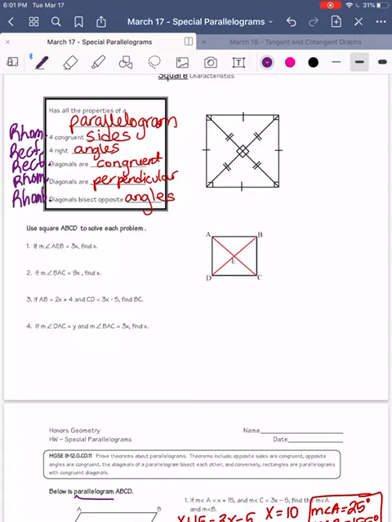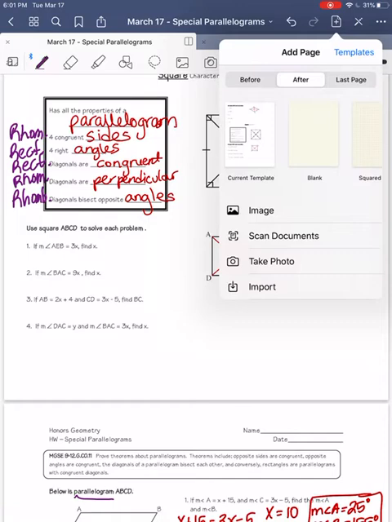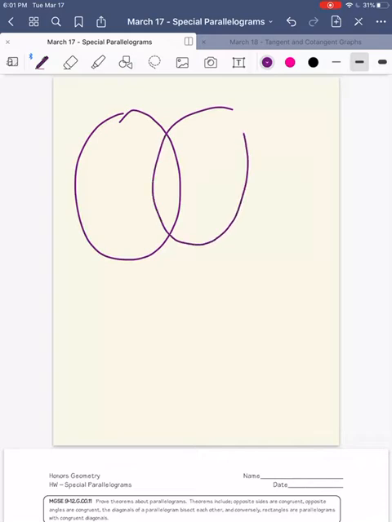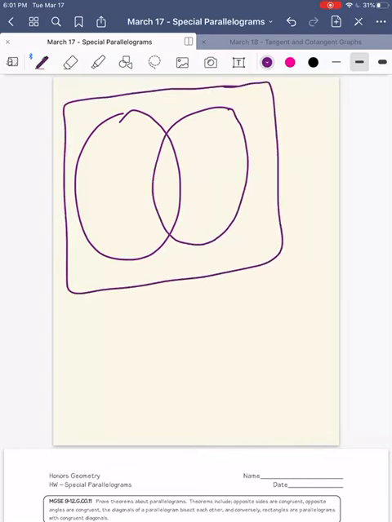So basically, if we think of a Venn diagram, this is something that, let me add a new page if I can do that. Okay, so if we think of a Venn diagram like this, this would be the square, this would be the rhombus, and this would be the rectangle.